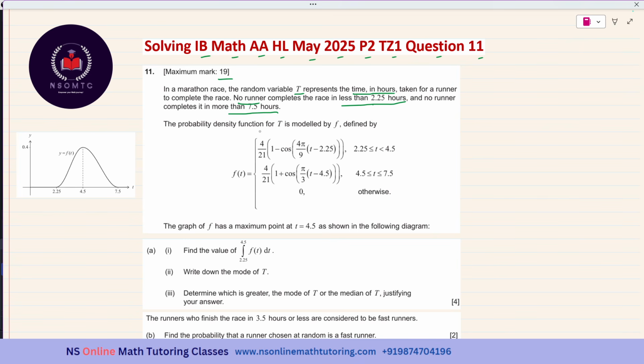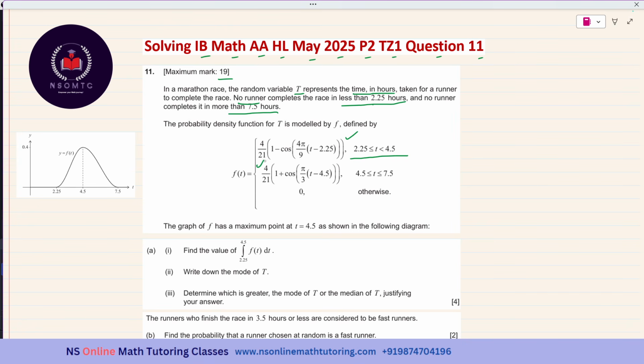The probability density function for T is modeled by f, which is defined by f(t) = 4/21 times (1 minus cos(4π/9 times (t minus 2.25))), valid for t greater than or equal to 2.25 but less than 4.5.